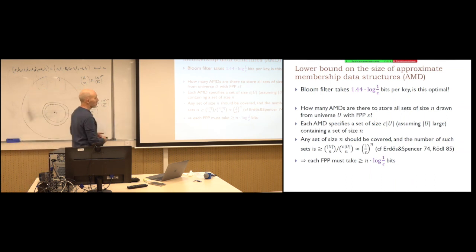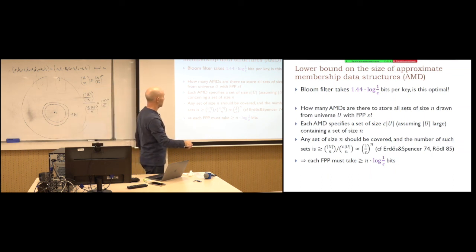So by taking the binary logarithm, we obtain n times log 1 over epsilon.